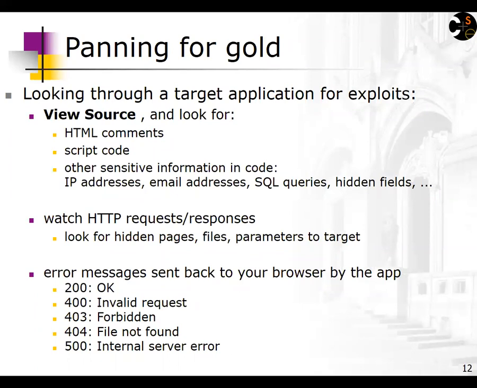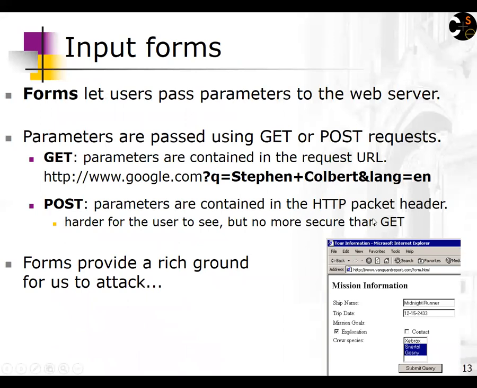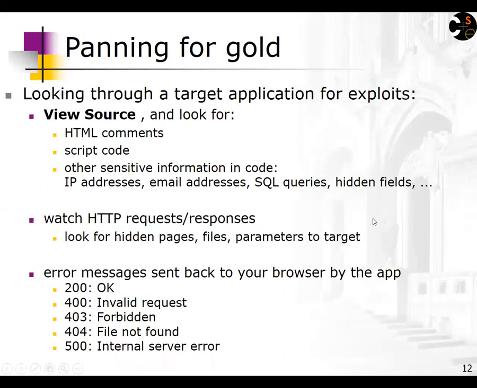Forbidden is when you don't have the required credentials to carry out something or go somewhere. And invalid, which I said is 400, is like if you try to go somewhere that you can't. It's impossible.